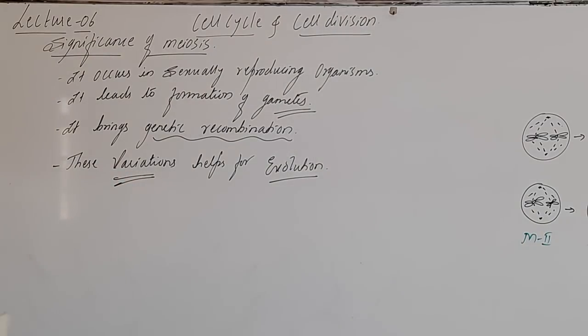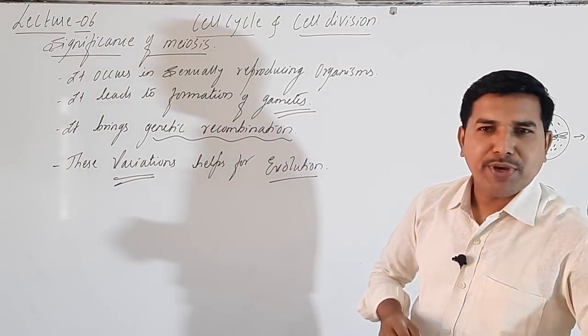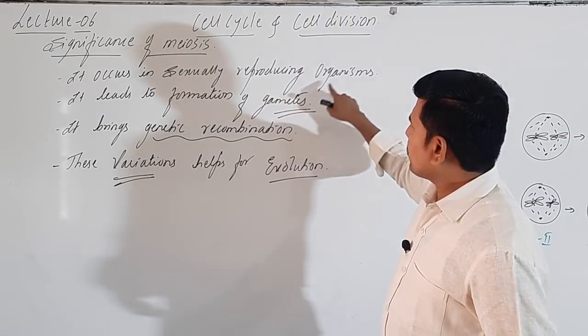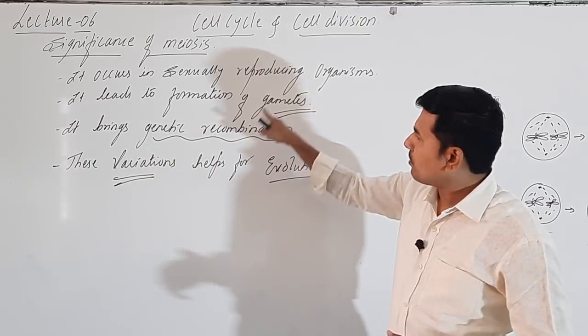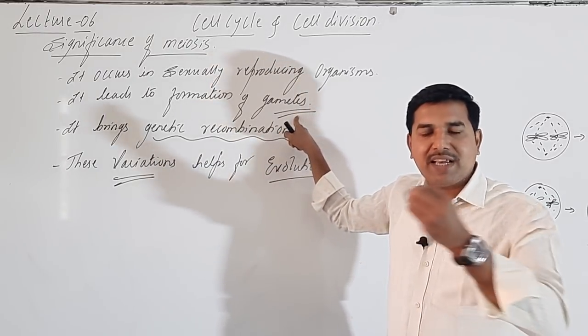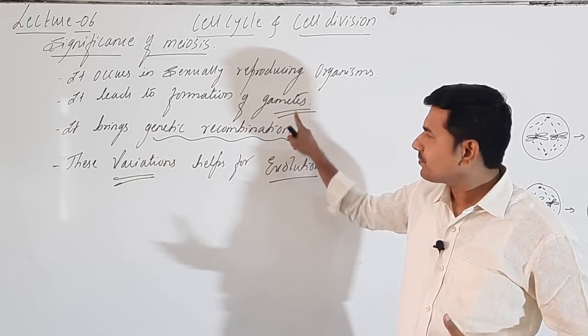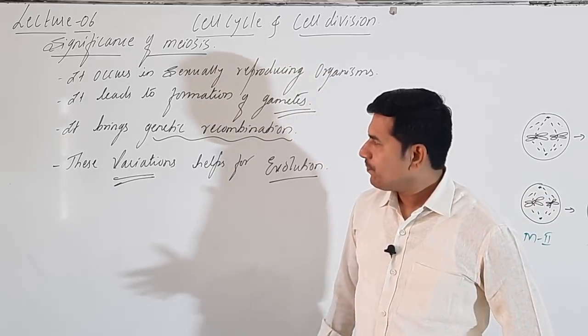So this is regarding the significance of the meiosis. It occurs in sexually reproducing organisms, where finally it leads to the formation of the gametes. So gametes have to be formed, egg and sperm, or ovum and sperm have to be formed. That's why it occurs in sexually reproducing organisms.